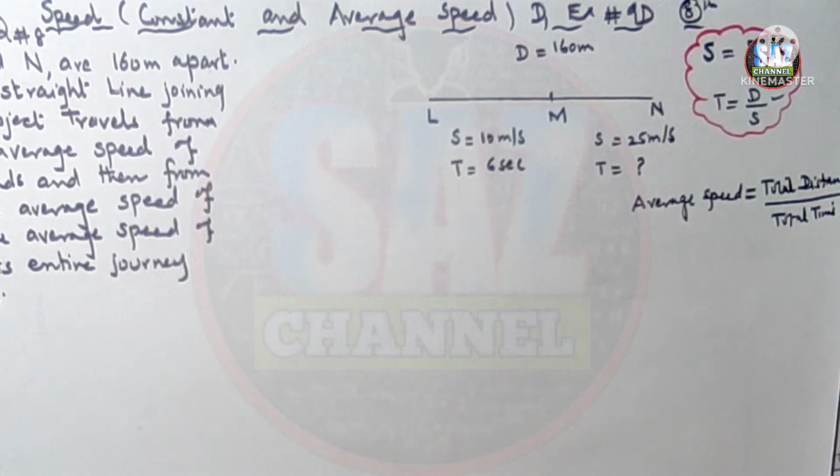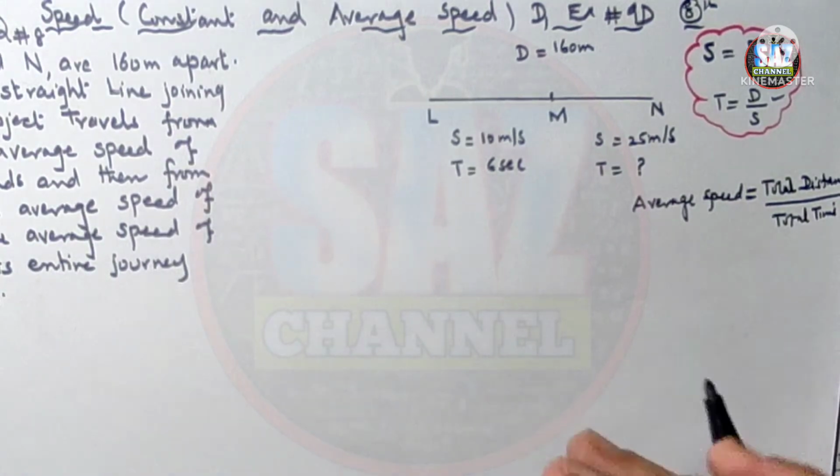So what we are going to do is that we do not know how much total time the object is taking from M to N. So first of all, with the help of the given distance and with the help of the given speed, we have to find the time taken for the journey from M to N.